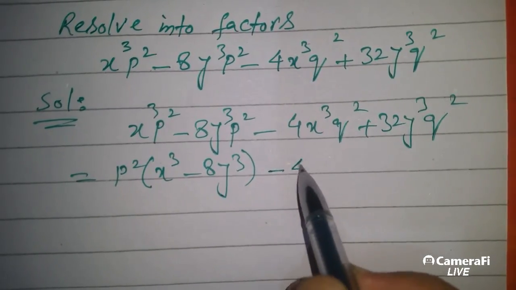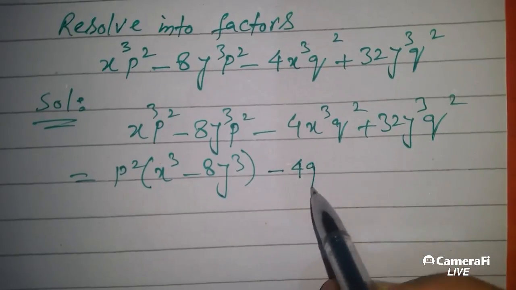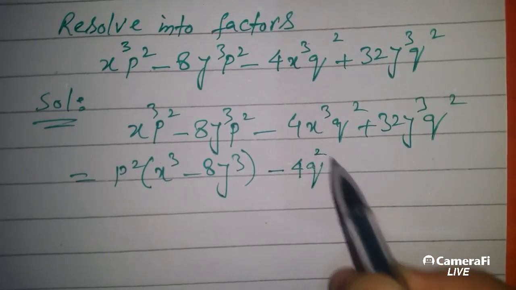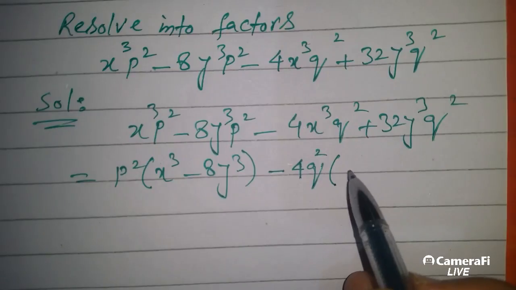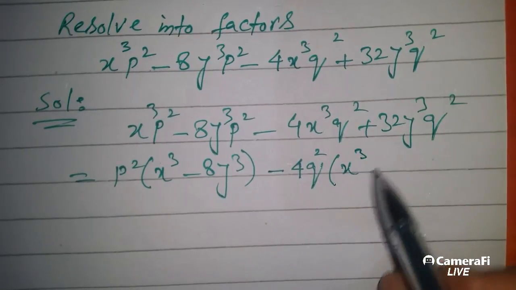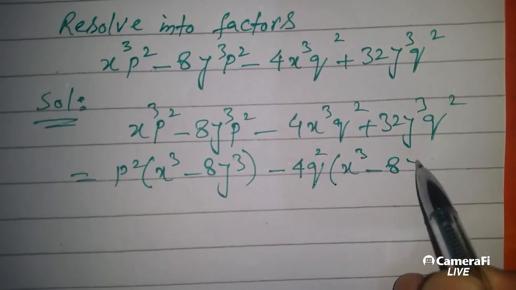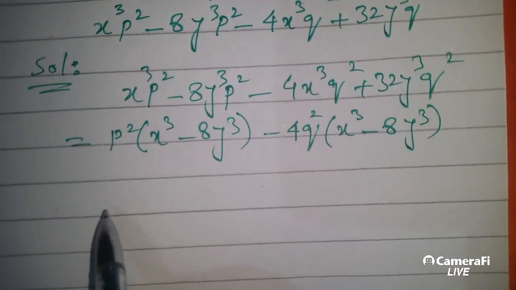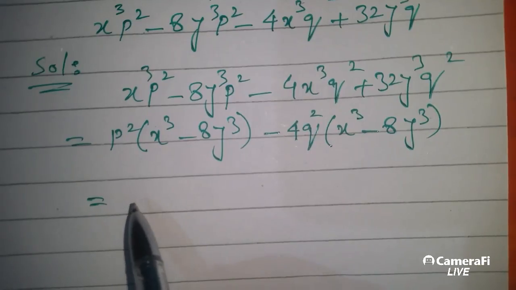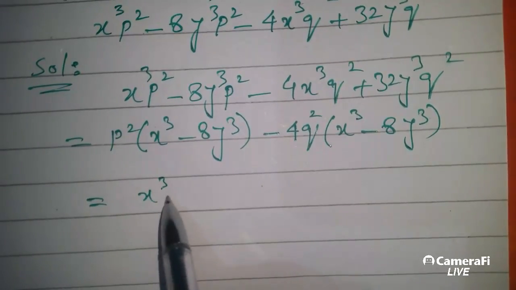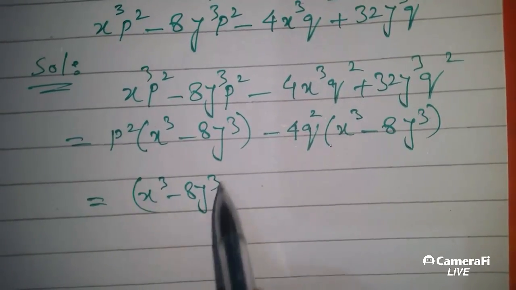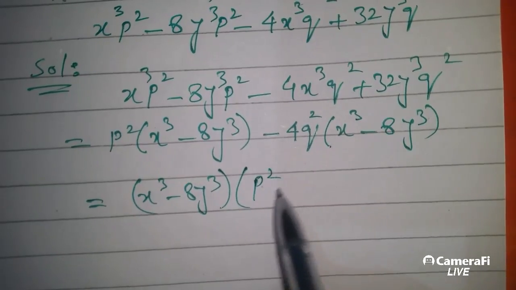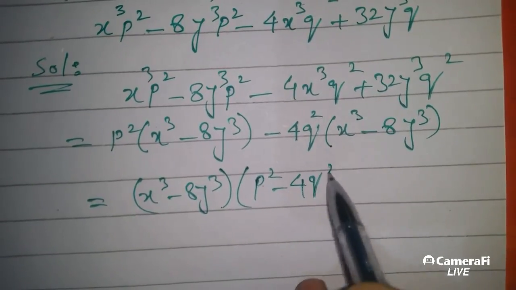And from here 4 can be taken as a common factor and q square can also be taken as a common factor, and what is left is x cube minus 8y cube. Now it can be written as x cube minus 8y cube and p square minus 4q square.